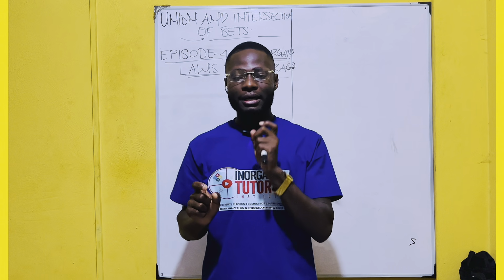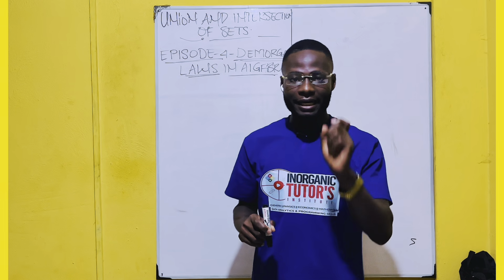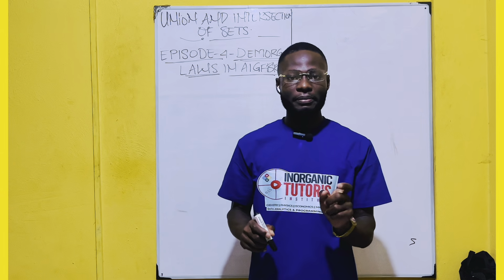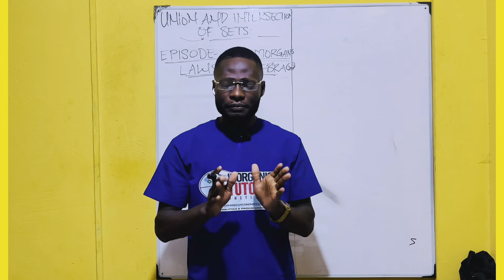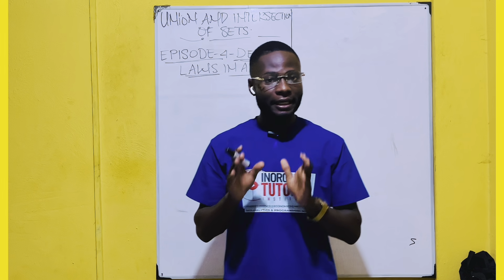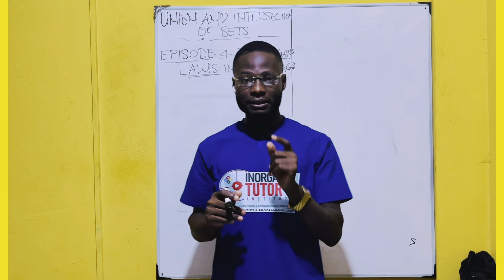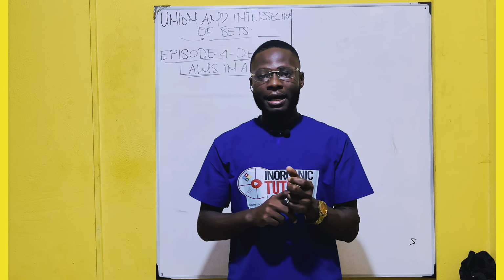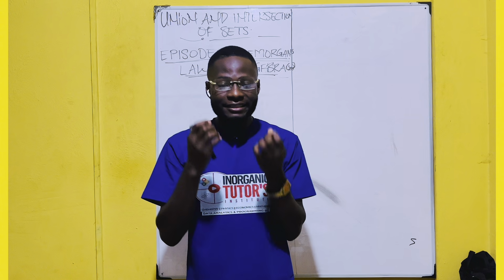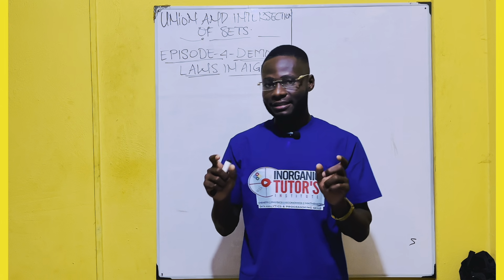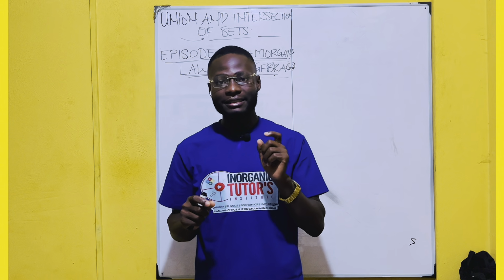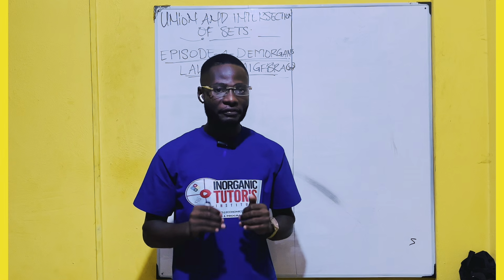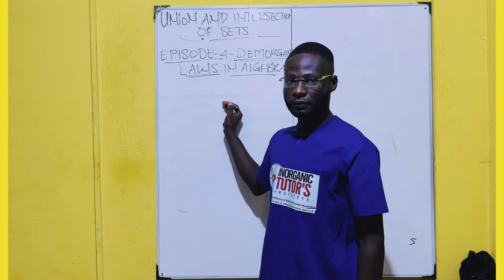The underlying words are simpler and equivalent. These laws are fundamental because they help us to rewrite, simplify, and prove identities involving sets. So this is an overview of De Morgan's law.